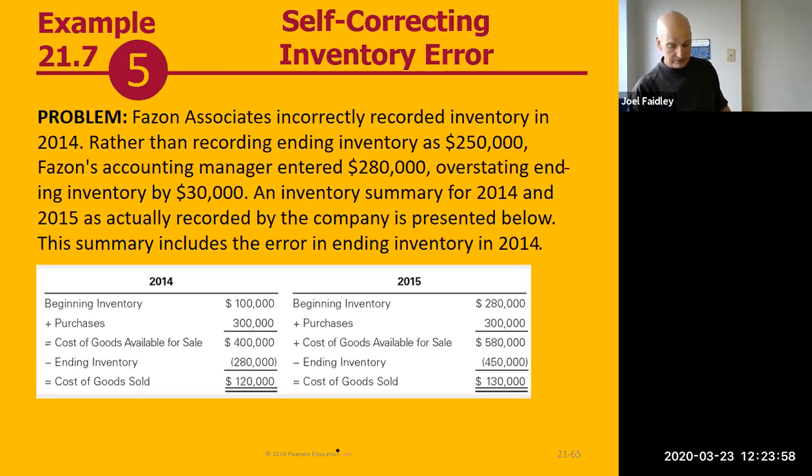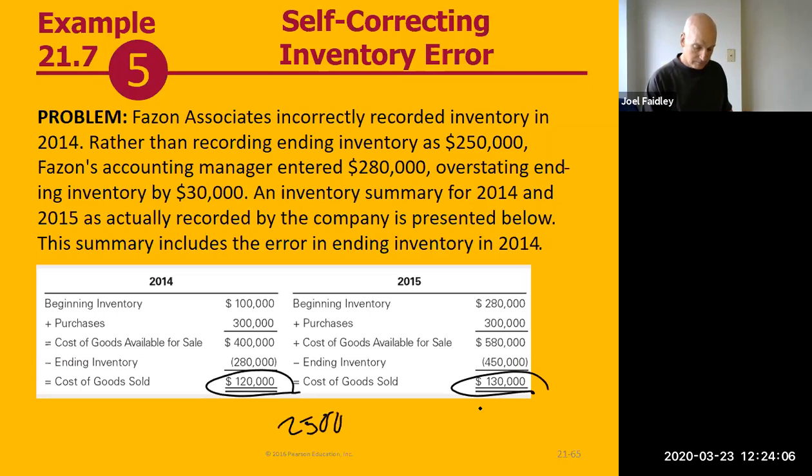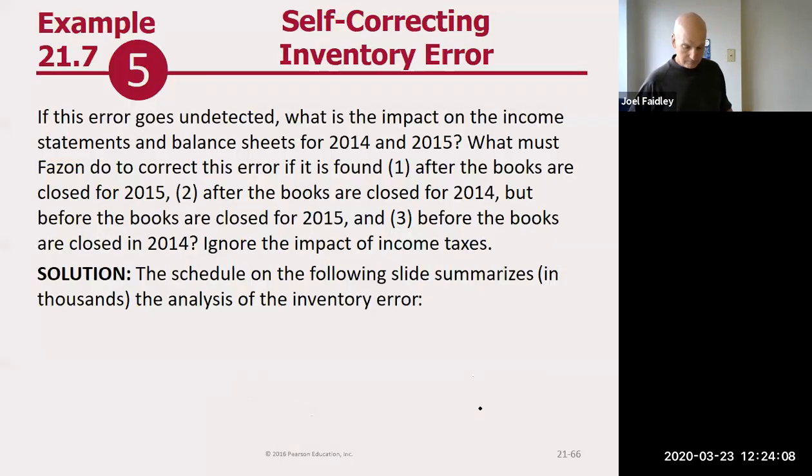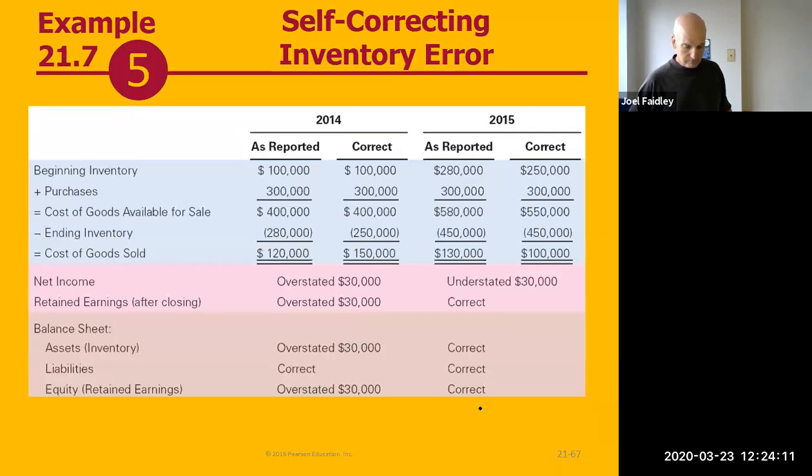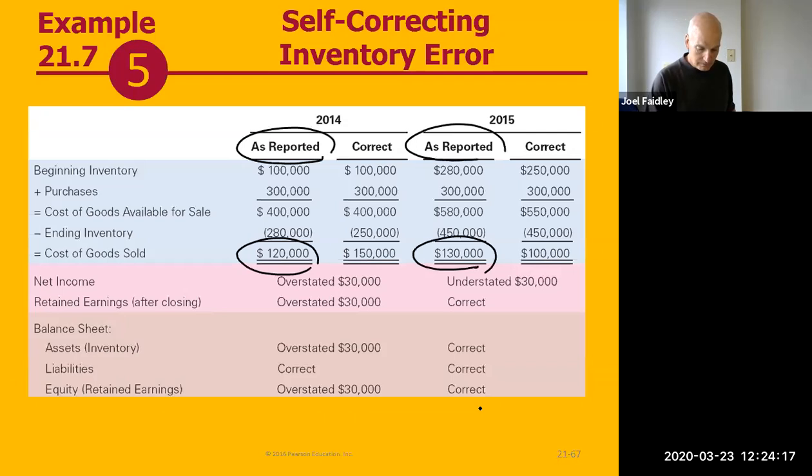Over two years, you have cost of goods sold of $250,000 as reported. What's the correct amount? 150 and 100. So it's 250 both ways because it self-corrects. That's just the nature of doing a physical inventory.